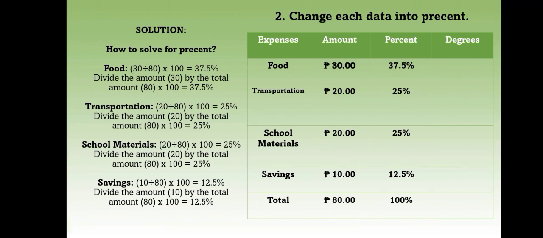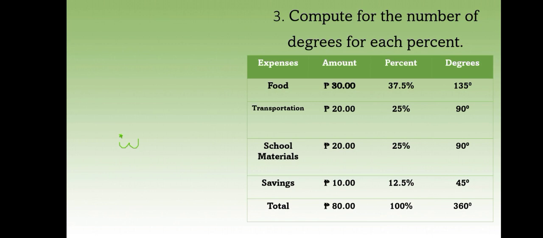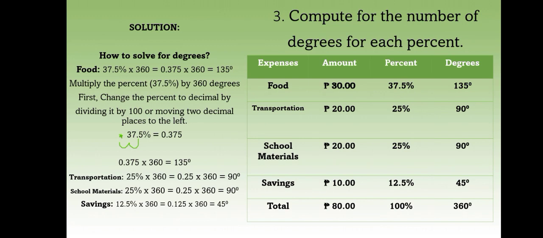So let's proceed. 3. Compute for the number of degrees for each percent. Since the answer for the degrees is already given, let's proceed to the solution. For the food, multiply the percent, which is 37.5%, by 360 degrees. The first thing we should do is to change the percent to decimal by dividing it by 100 or moving 2 decimal places to the left.